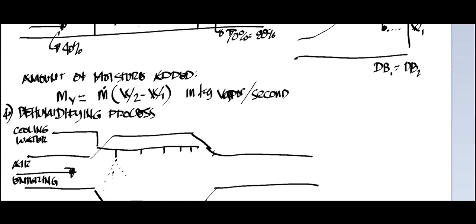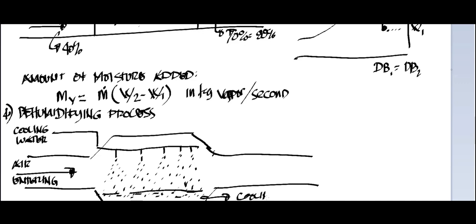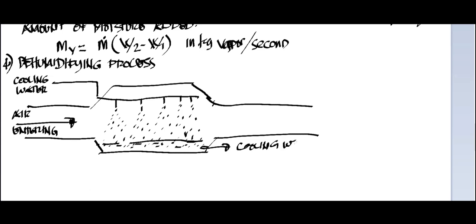So there is a big difference between the spray of the mist of water, because we're trying to absorb the mist, but this time we're trying to lower down the moisture content by means of air washer. So you have a collector here below, then you have your cooling water out.